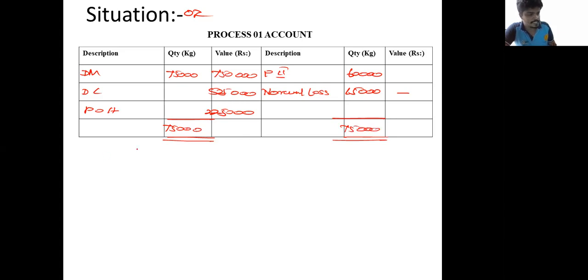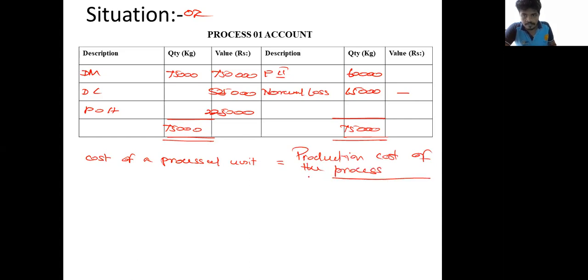Now let's calculate the cost of a processed unit. Cost of a processed unit equals production cost of the process divided by expected good units.